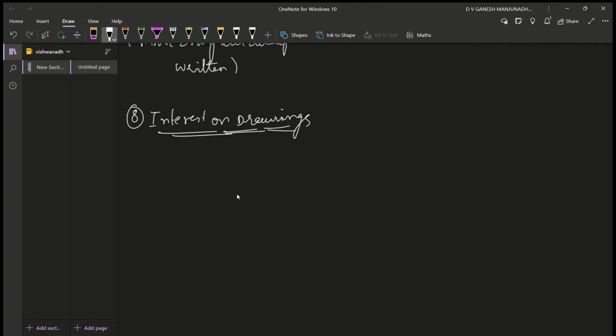The interest on drawings, of course, drawings will be taken by the proprietor, and interest which is payable also by the proprietor to the firm, that is added back to the drawings. Okay, that means drawings are again to be debited. Drawings account debtor to interest on drawings.